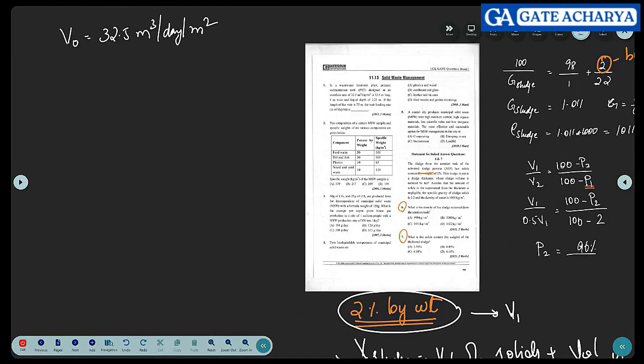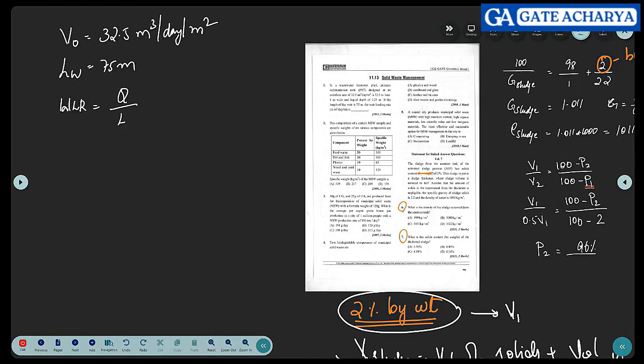The tank is 32.5 meter long, 8 meter wide, and has a liquid depth of 2.25 meter. The length of the weir is given as 75 meter. We are asked to calculate the weir loading rate, the discharge per unit length of the weir.